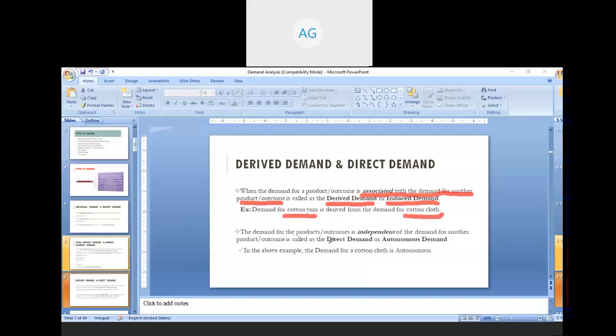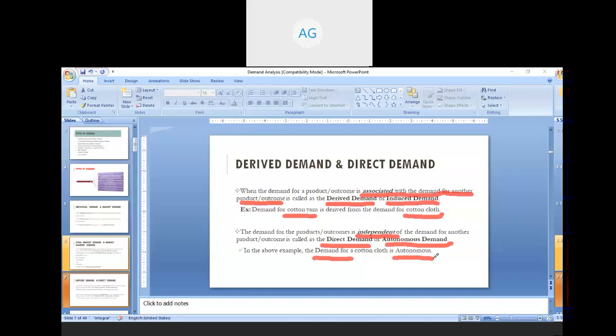Next comes the definition of direct demand. The demand for a product that is independent of the demand for another product is called direct demand or autonomous demand. So in the above example, the demand for cotton cloth is autonomous.